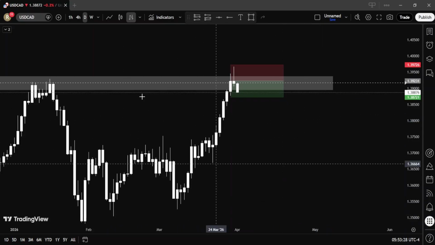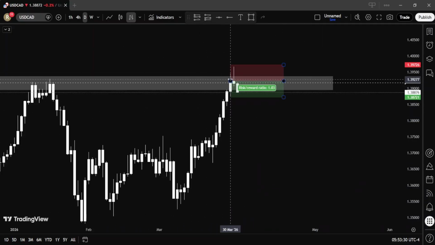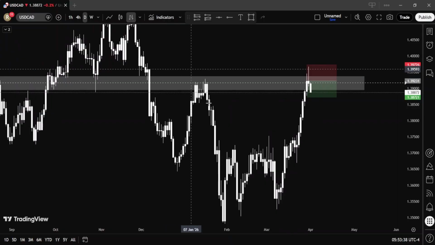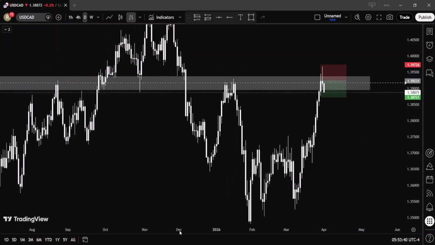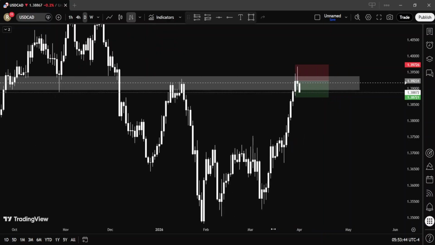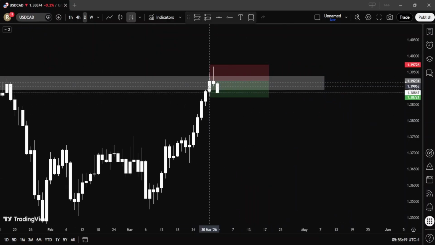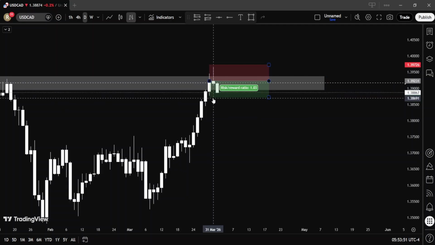I then expect this to start to react, because it happened here again, it happened here, and it happened here, and it happened here. So if this is the candle, then I expect it to happen today or tomorrow.